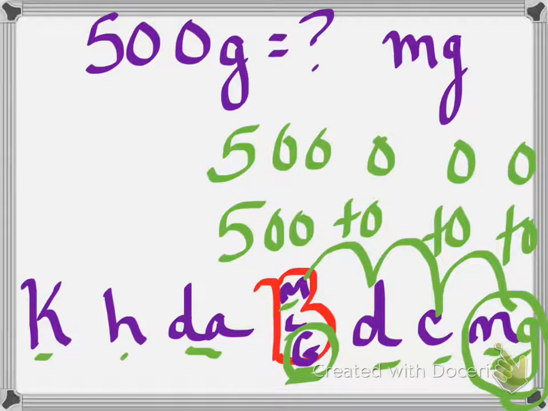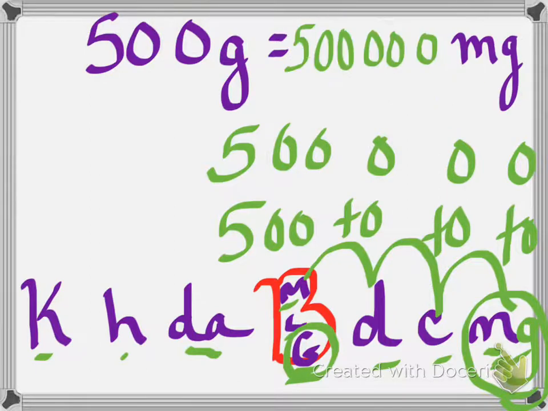There you go. And we copy it again to make sure it's all somewhat nice and neat. And our answer is 500 grams equals 500,000 milligrams. See how easy that is? Just have to remember to follow those steps.